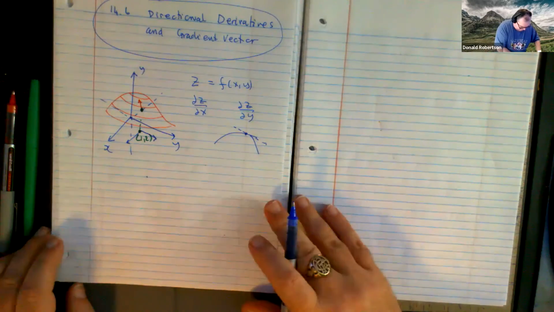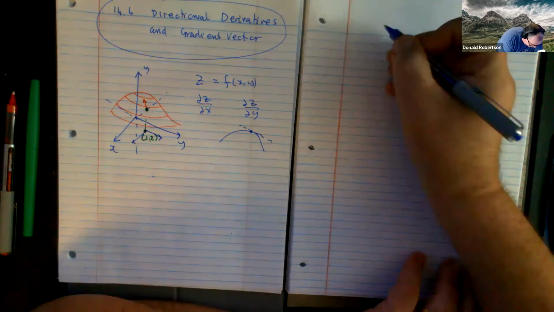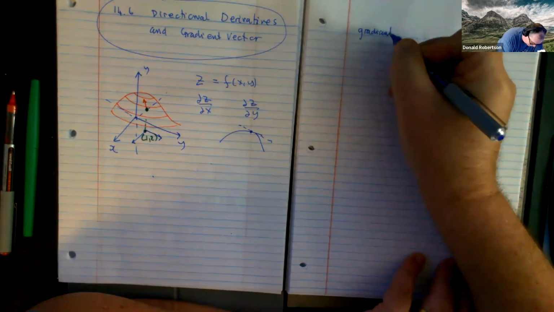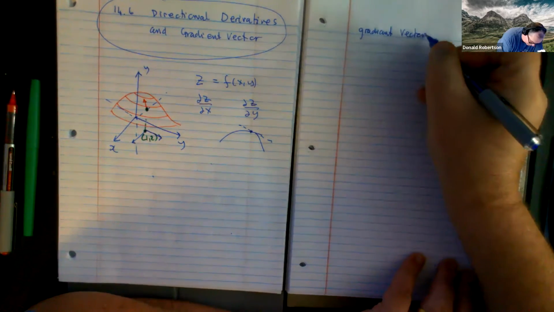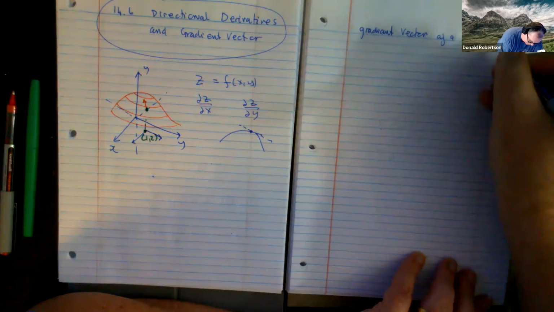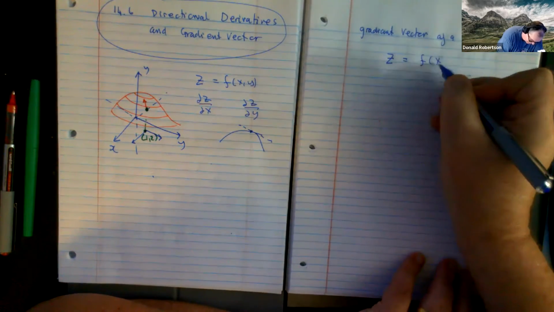Before we can even deal with how you calculate that, because it's going to be a number, it's going to be 4 or negative 42, we need to find a guy called the gradient vector of a function. So imagine I have a surface, a function, z equals f of x, y.